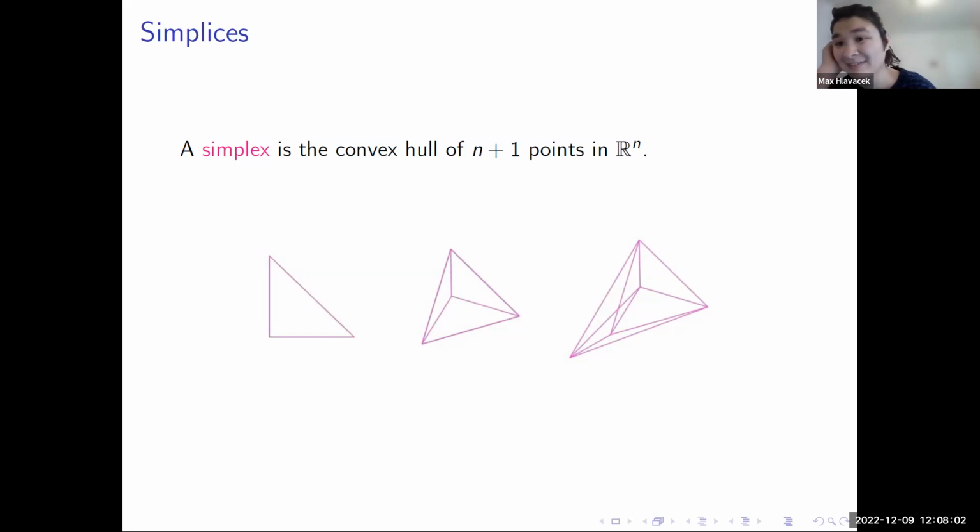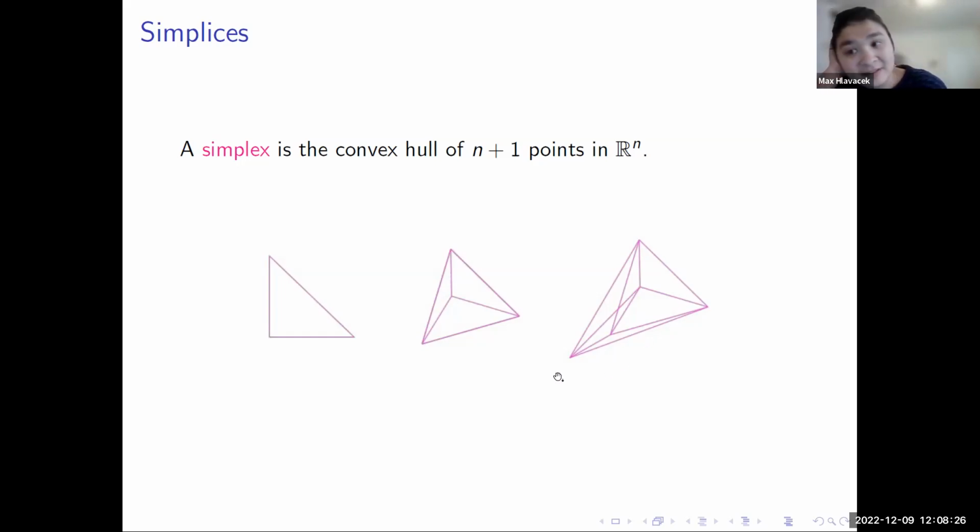Again, I forgot to write this, but we're assuming that they're not on any specific hyperplane; they're generally distributed. If you are in 3 dimensions and you take 4 points and you saran wrap them, you would get a tetrahedron. And then I tried to draw a 4-dimensional simplex, but I couldn't really do it.